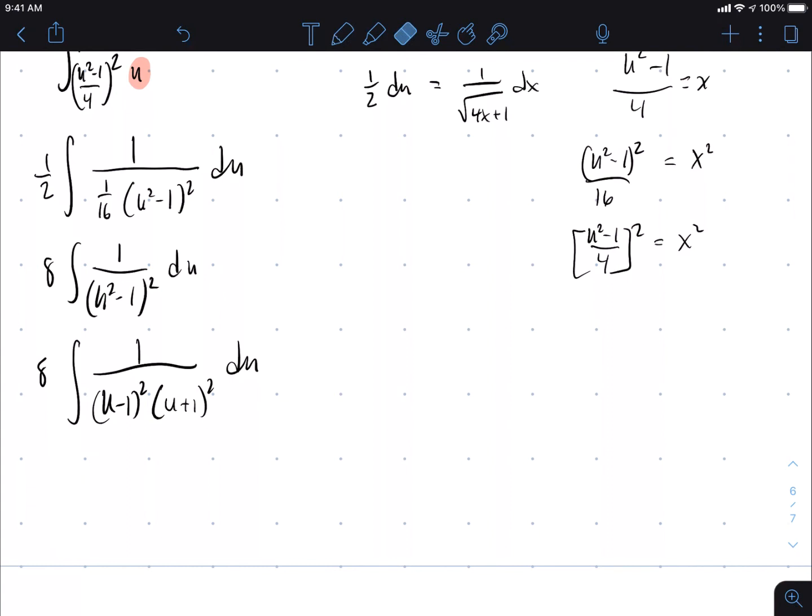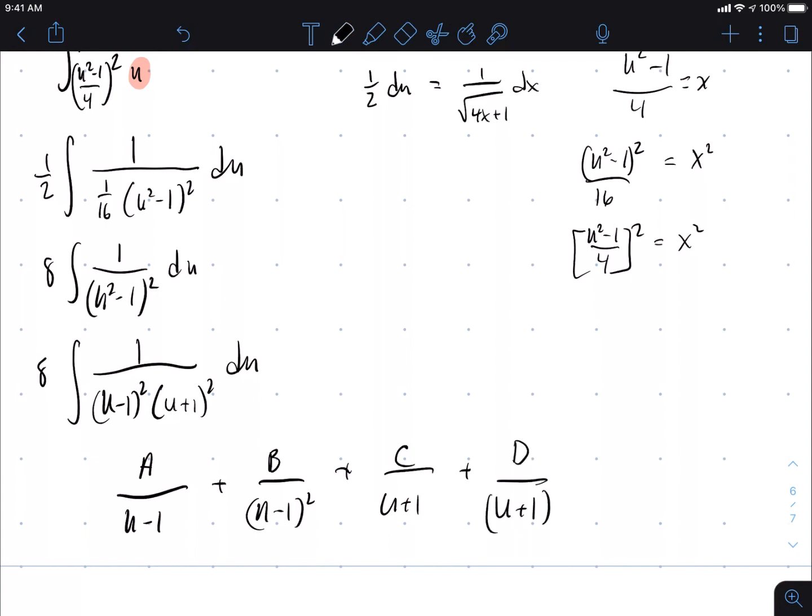It's going to be a over u minus 1 plus b over u minus 1 squared plus c over u plus 1, and then plus d over u plus 1, that quantity squared. Does that make sense?